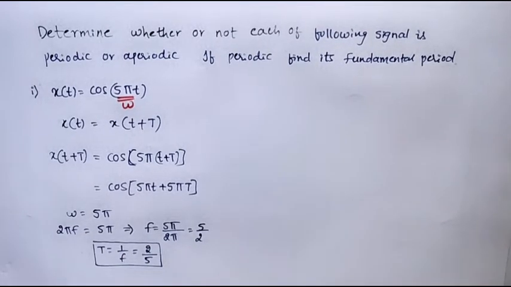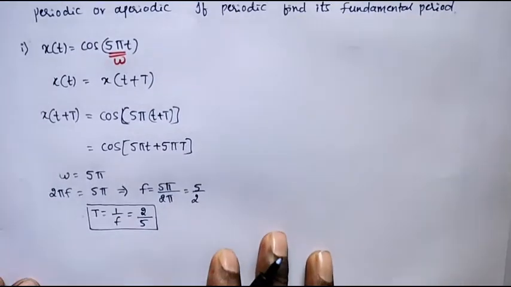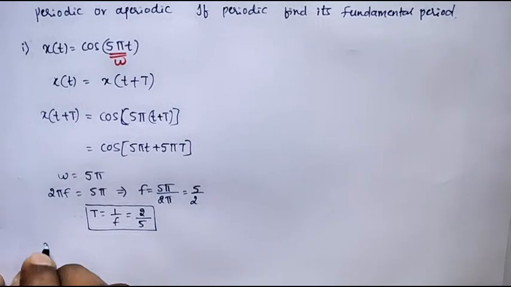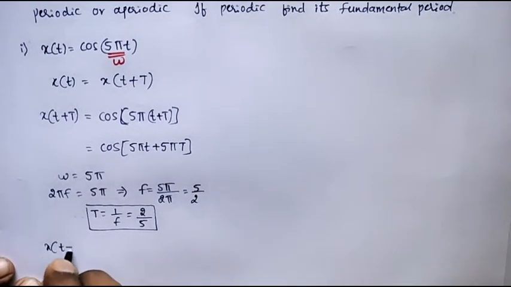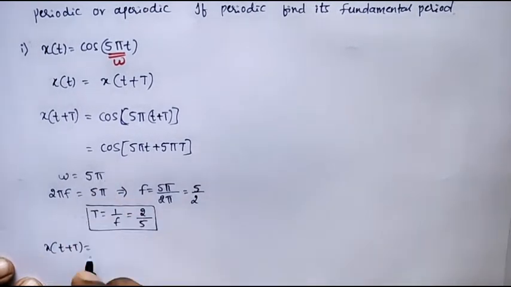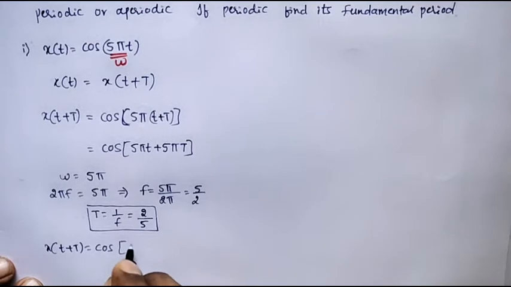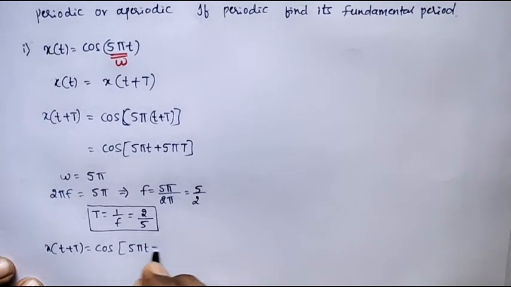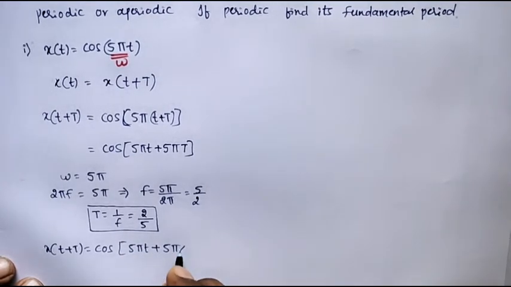So now I can write x of t plus T as cos phi u pi t plus phi u pi into T, where T is 2 by phi u.